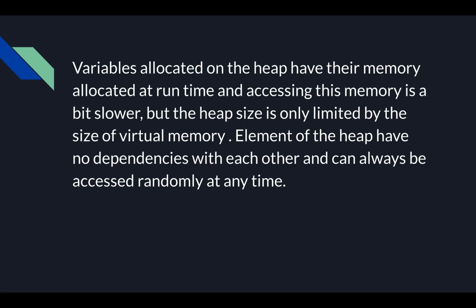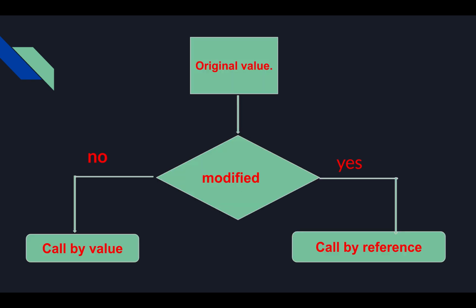Variables allocated to the heap have memory allocated at runtime, and accessing this memory is a bit slower, but the heap size is only limited by the size of the virtual memory. Elements of the heap have no dependency on each other and can always be accessed randomly at any time. So this is the difference between heap and stack.